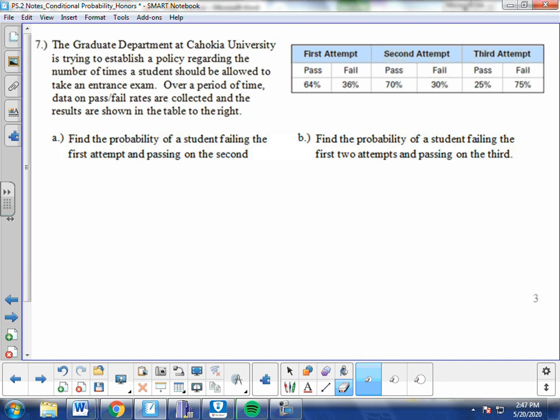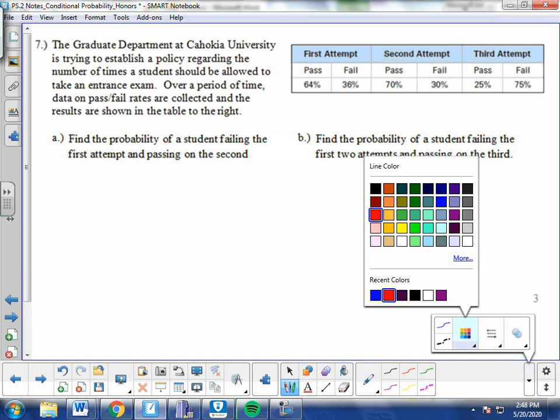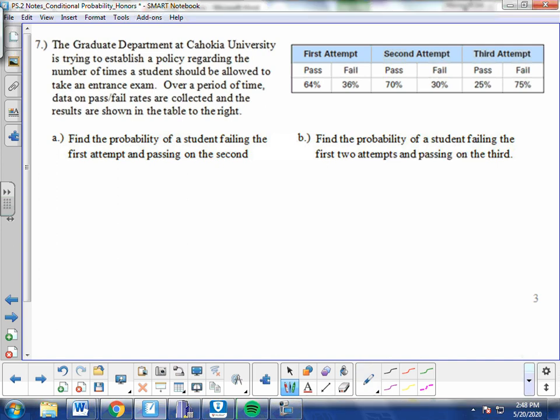So what we're looking for here is, again, dependent events. We want the probability of a student failing the first attempt and then passing the second attempt. So we might say event 1 is failing the first attempt, and event 2 would be passing the second.